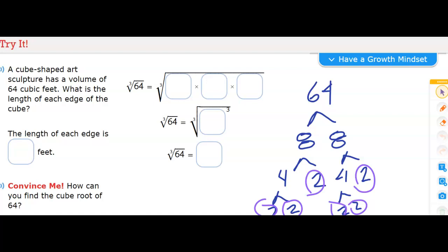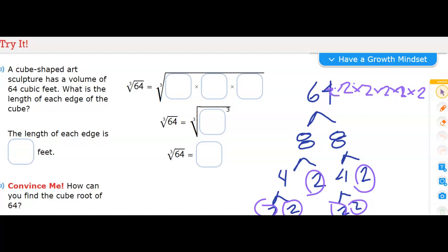This method I'm using is a way you can find the cube root of any number, not just 64. So we have 1, 2, 3, 4, 5, 6. You would rewrite it as 2 times 2 times 2 times 2 times 2 times 2. All right, 1, 2, 3, 4, 5, 6.